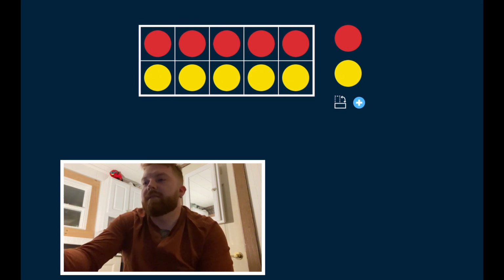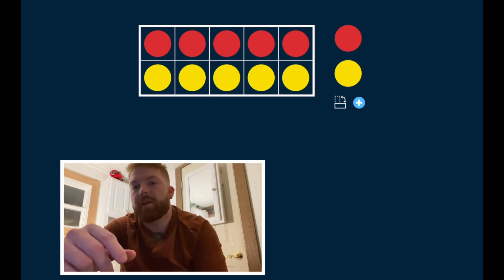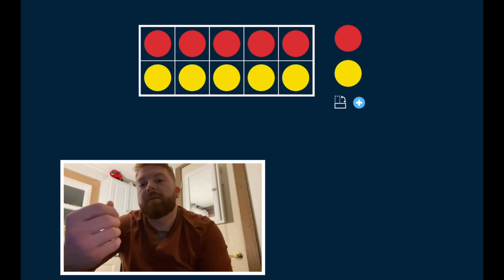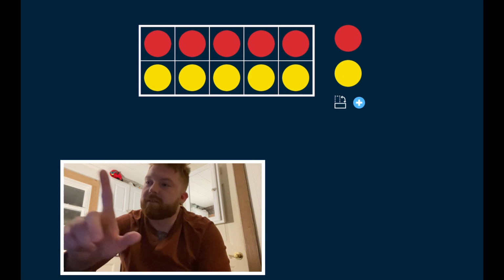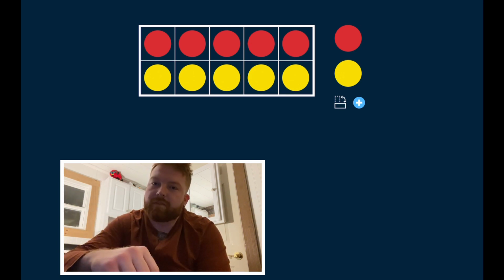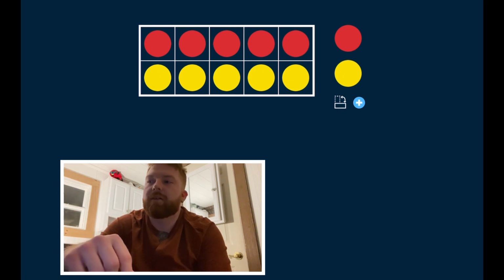So what that means is we can count and add up 1, 2, 3, 4, 5, 6, 7, 8, 9, 10 as we're counting our dots in the tens frame. And to be able to put that into an equation, I want you to look at the tens frame and see 5 red plus 5 yellow. And what that equals, we just counted out, it equals 10.